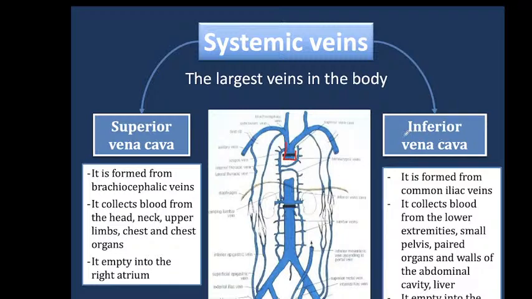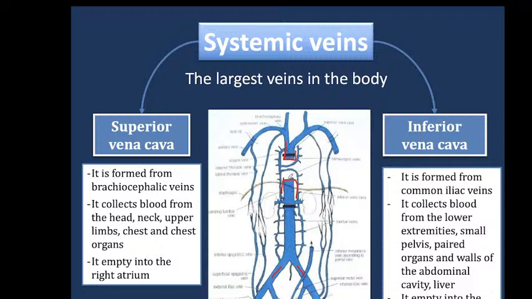The second vein system is the inferior vena cava. That is a large blood vessel formed from two common iliac veins, and it collects blood firstly from the lower limb or lower extremities, small pelvis organs, organs of abdominal cavity, as well as liver.